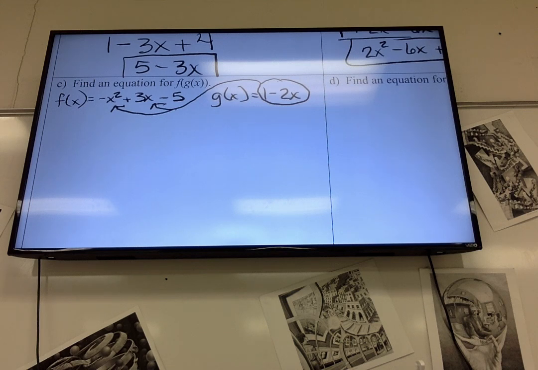Square it, it's negative 2. And then don't forget there's a negative out in front of this. So then all that in parentheses, put a negative out in front of it. Okay, so you can write it down like up here and do 1 minus 2x, and then 1 minus 2x and FOIL it.